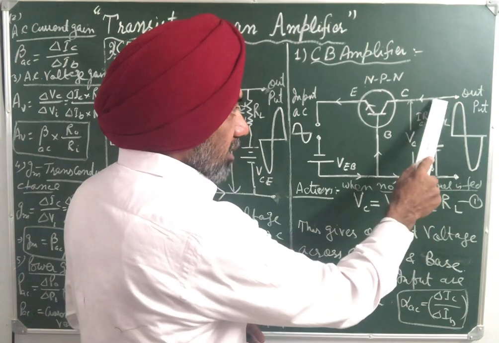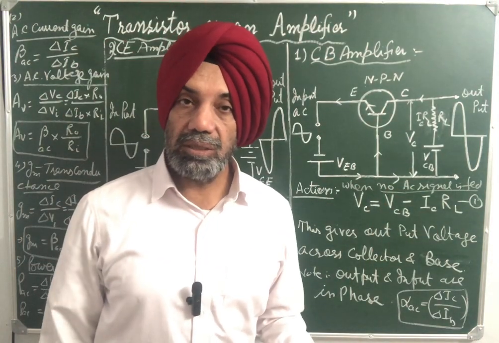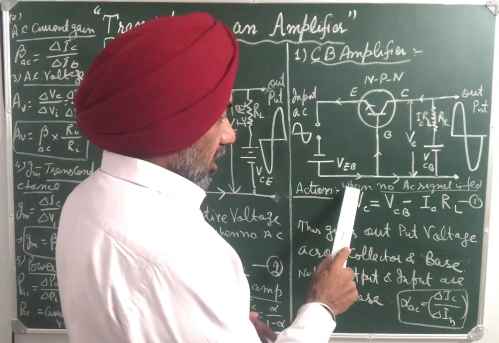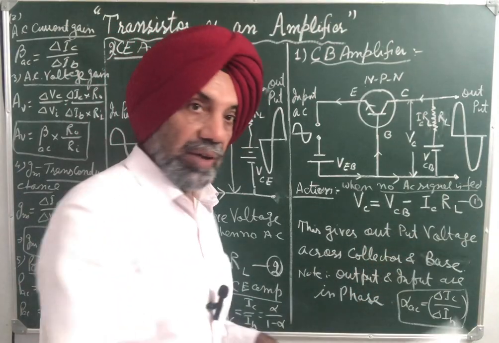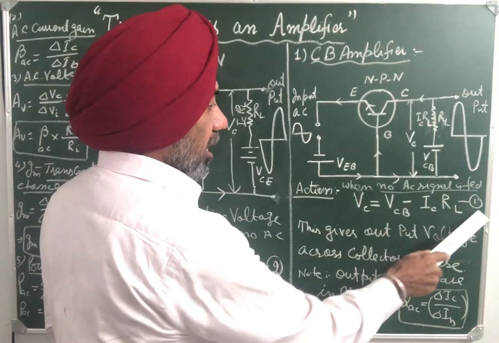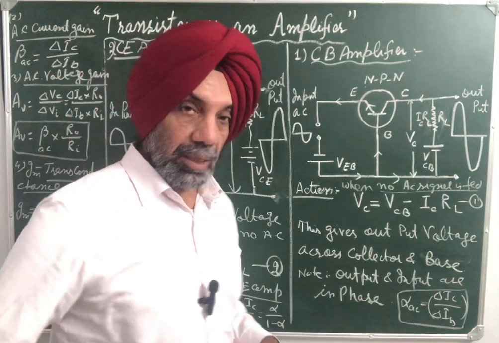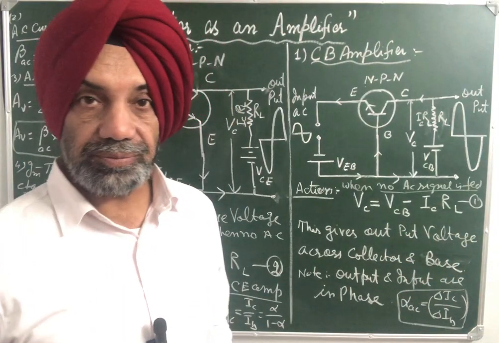This ICRL is the voltage drop across the load resistance in accordance with Ohm's law. So VC is equal to VCB minus ICRL. Say equation number 1. This equation will explain the amplifying action of the transistor very easily.